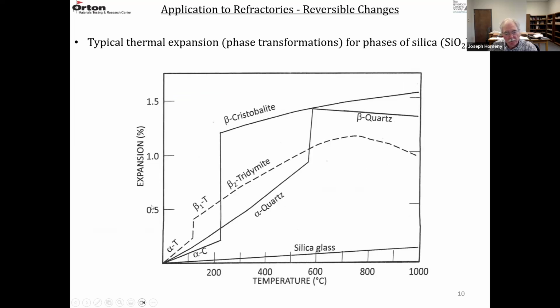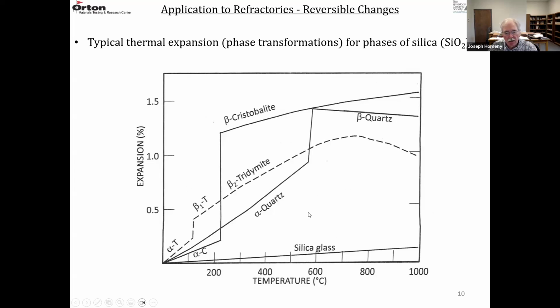So if you plot expansion versus temperature, the bottom curve here is for silica glass. That's fused silica with very low expansion. This is quartz. Here's your displacive transformation. Cristobalite with a displacive transformation. And then tridymite has two displacive transformations.